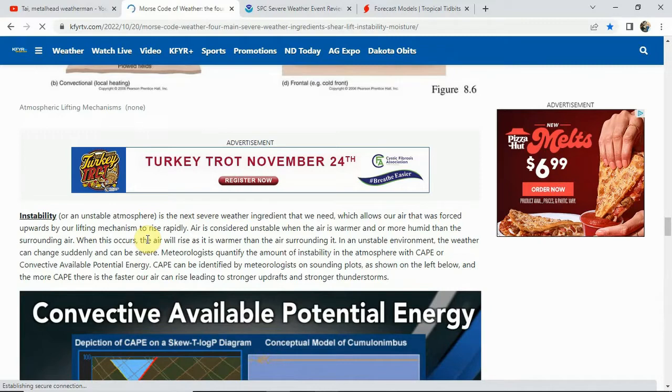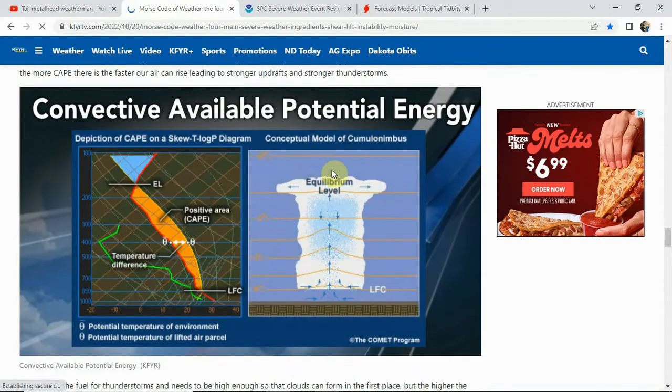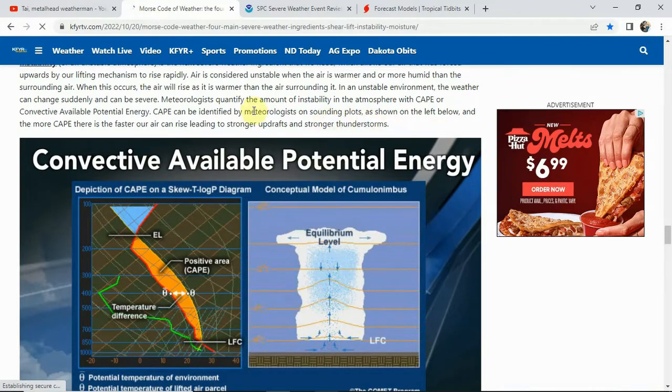But there's plenty of ways you can detect CAPE. There's skew-T diagrams, which I pulled up on my channel. But most of the time, I usually will elect to look at a conceptual model that picks up on that, and we'll get into that in a minute.